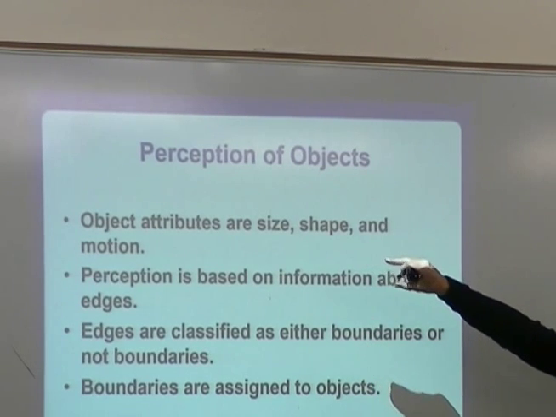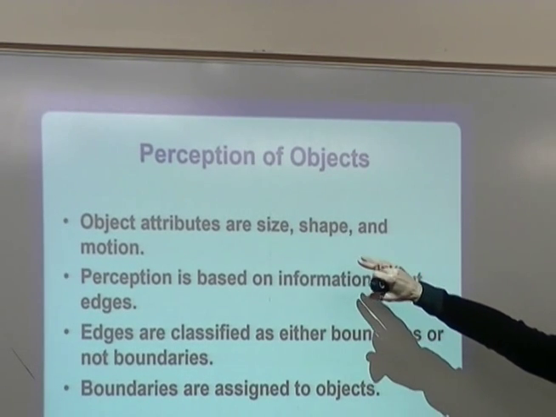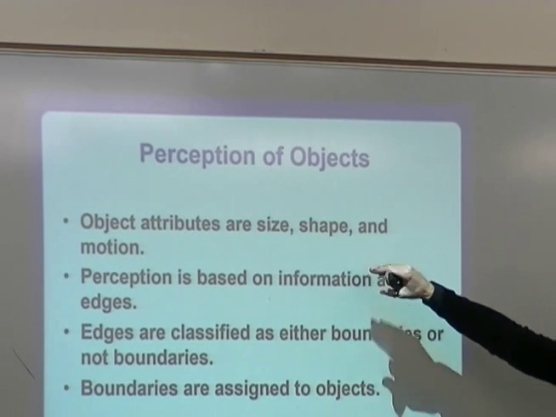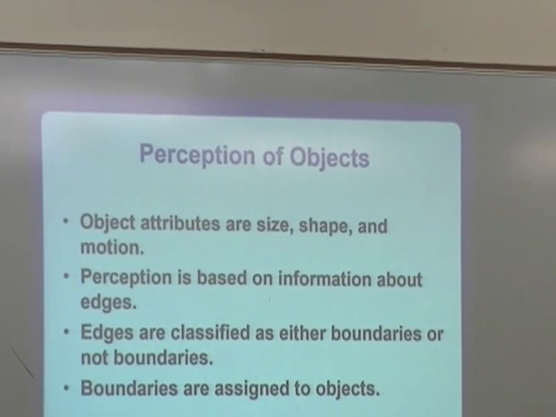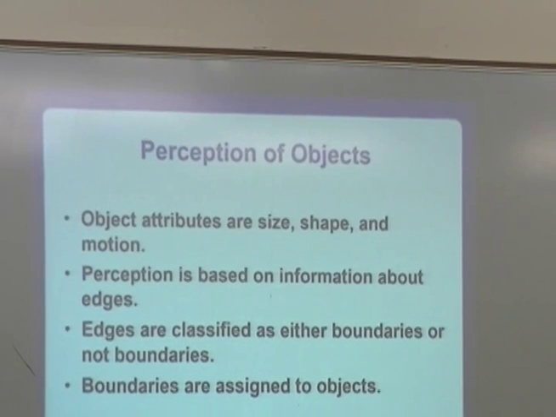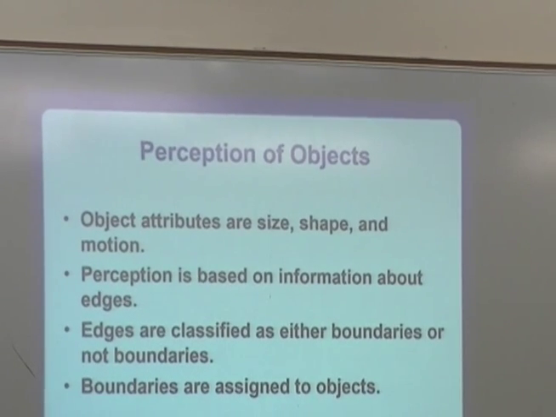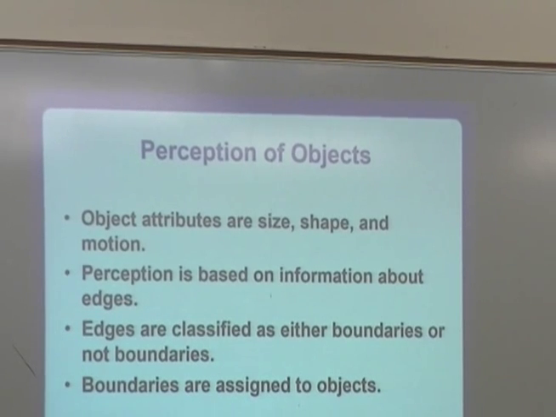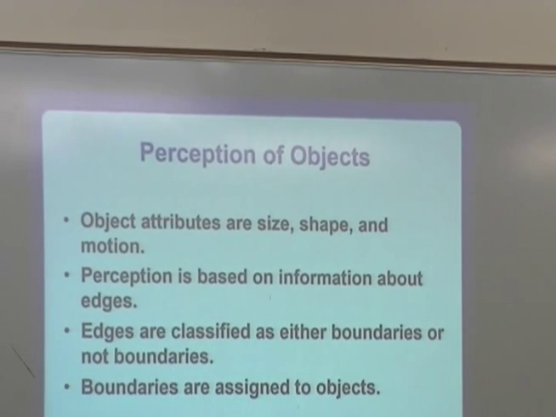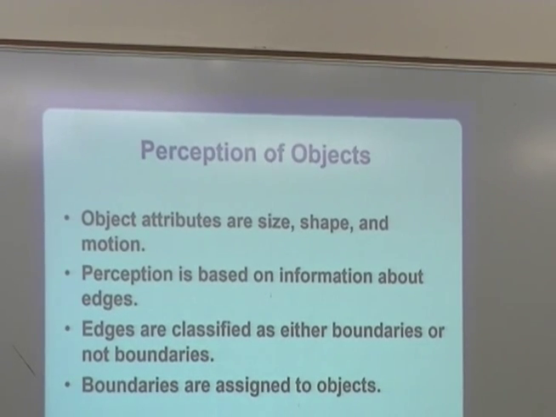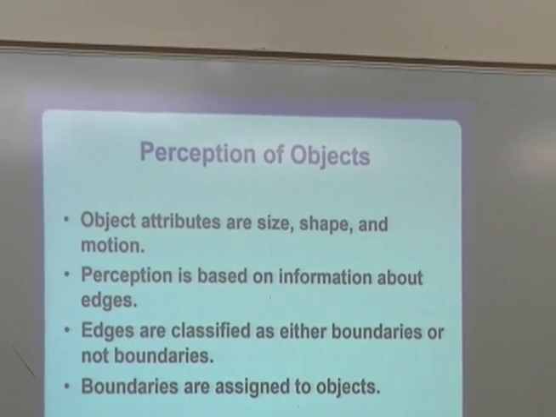When we look at objects, we want to know their size, their shape, and whether they're moving, particularly when we're looking at games and PE and sport. Typically, then, our visual perception is based upon our identification of the edge of something.